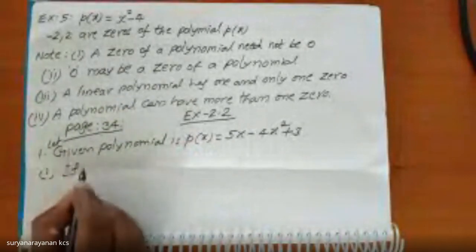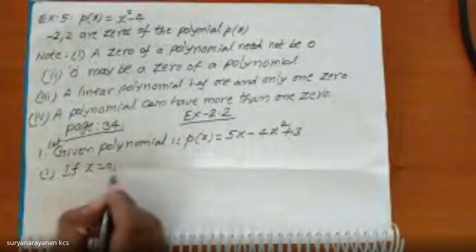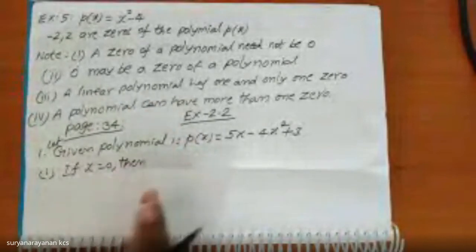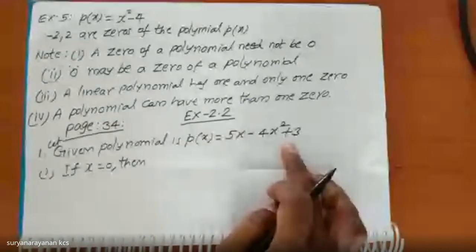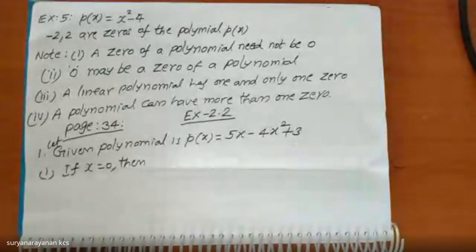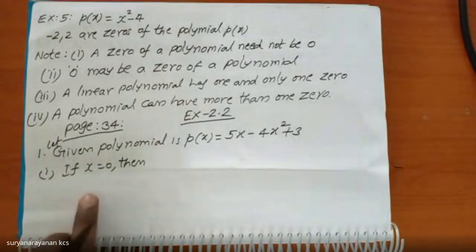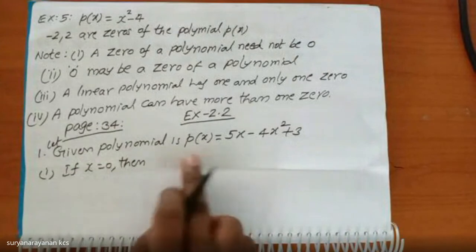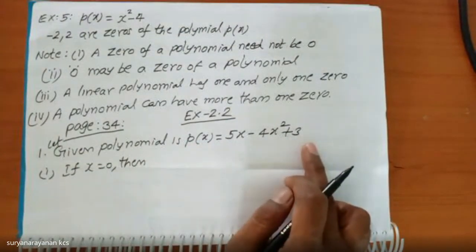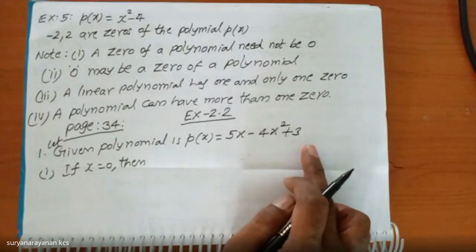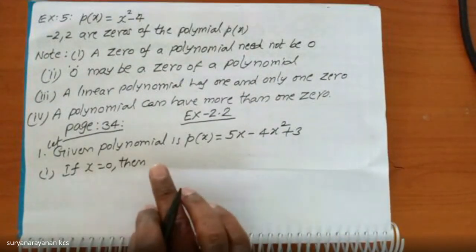If x is equal to 0, in this polynomial, wherever the letter x is there, substitute 0, because here x value is 0. Then what will you get here? By substituting x is equal to 0, tell me the statement.